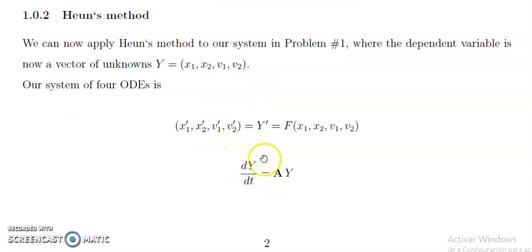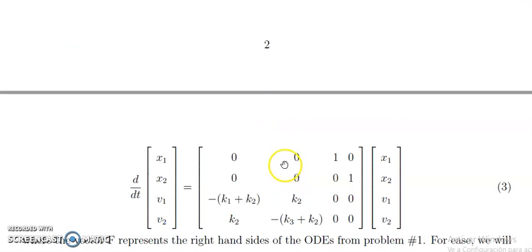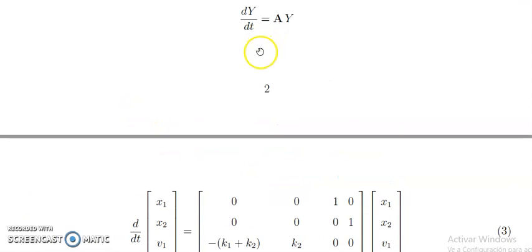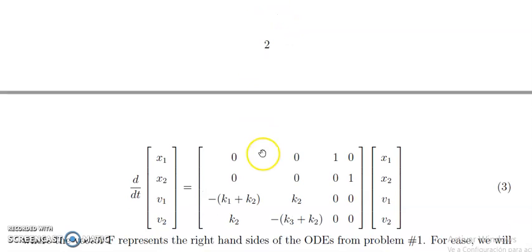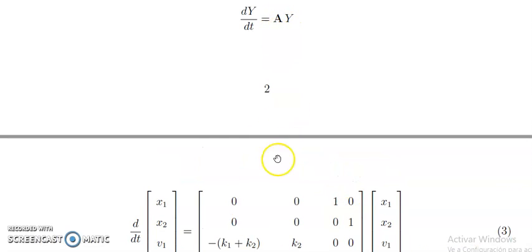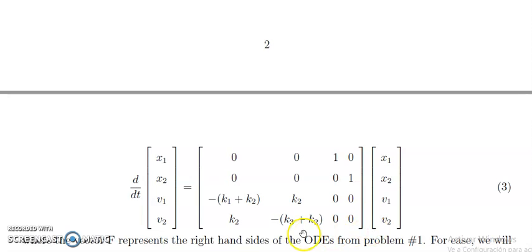So the first order system of equations can be written just like this: the derivative of capital Y with respect to time is equal to matrix A times capital Y, where the matrix A is this 4 by 4 square matrix.